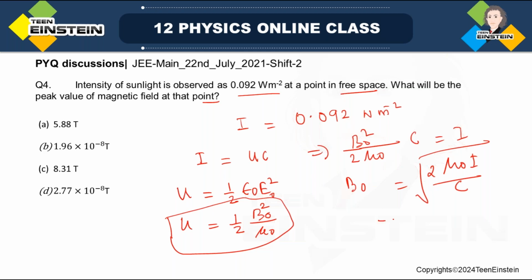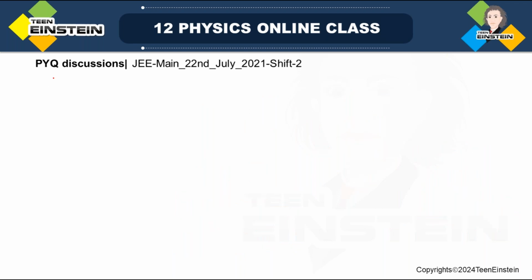You can use the value of mu itself. C is actually the speed of light. Mu is 4 pi into 10 to the power minus 7. I itself divided by C, that is 3 into 10 to the power 8 meter per second. So let us go to the next page to complete this calculation.